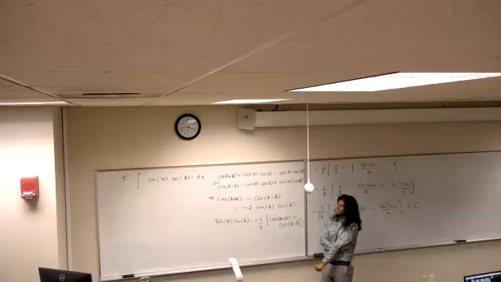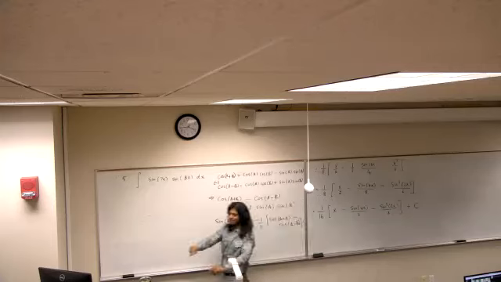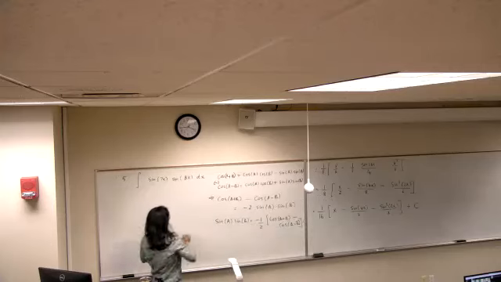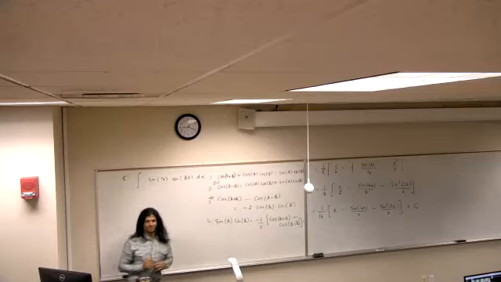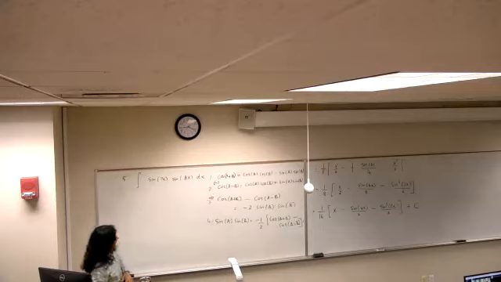Let's resolve this. We'll give the equations numbers, 1, 2, 3, 4. Why can't you just use equation 2 and isolate sine A sine B?